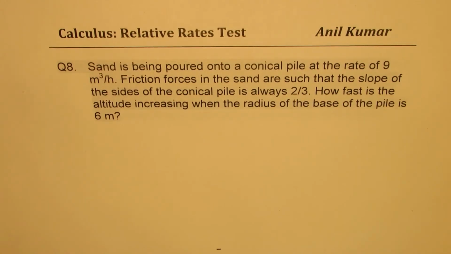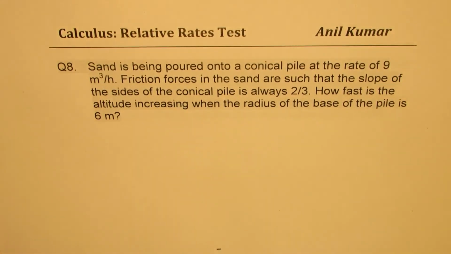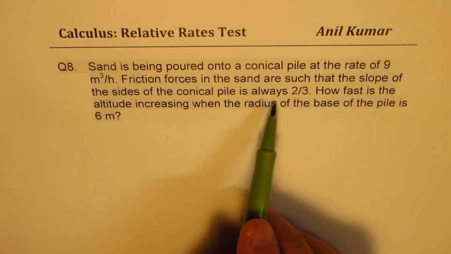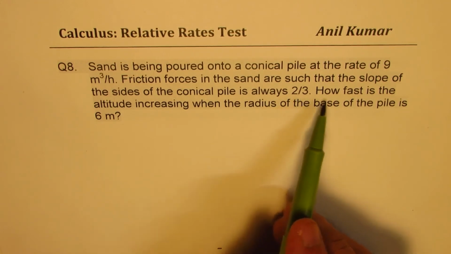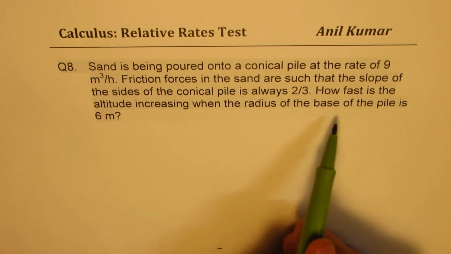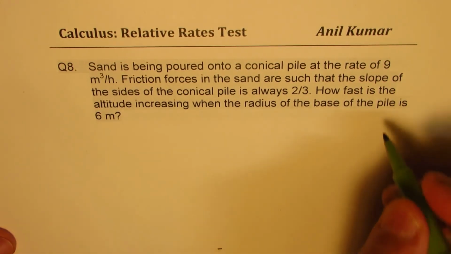Question number 8. Sand is being poured onto a conical pile at the rate of 9 meter cube per hour. Friction forces in the sand are such that the slope of the sides of the conical pile is always 2 over 3. How fast is the altitude increasing when the radius of the base of the pile is 6 meters?